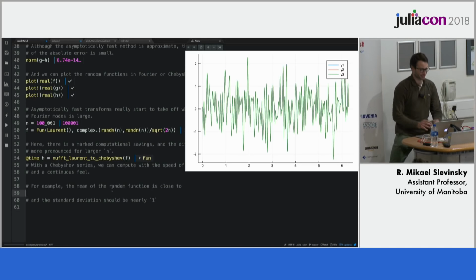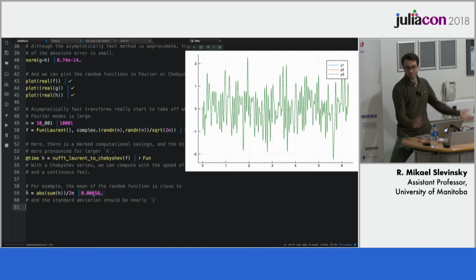Okay, this might actually be a little too large for the next part. But if we take it down to 10,000, we'll do the exact same thing. We can actually find the mean quite easily. It's complex, so we'll just take the absolute value of the sum. This is the integral, and then we'll divide by the domain. And we get roughly mean 0, subject to the noise, right?